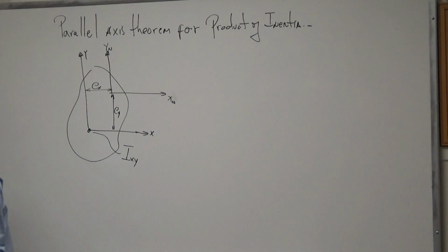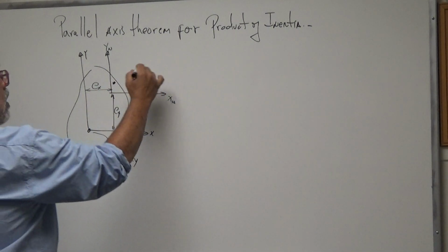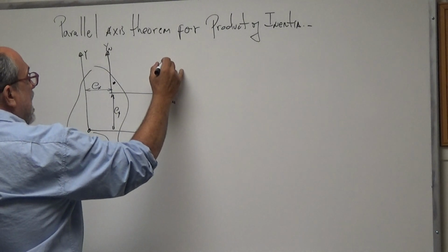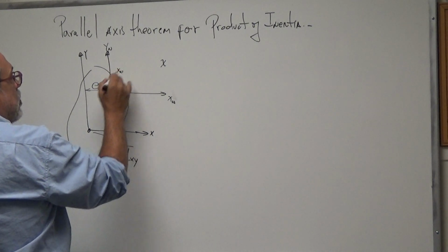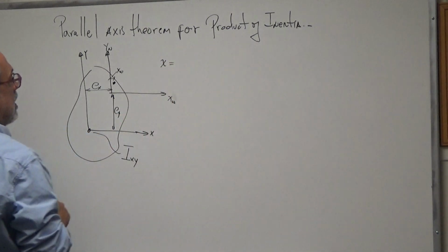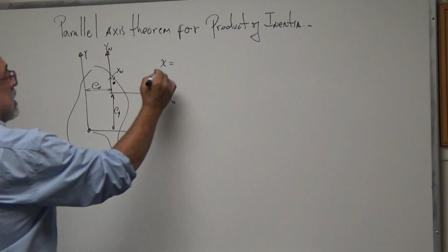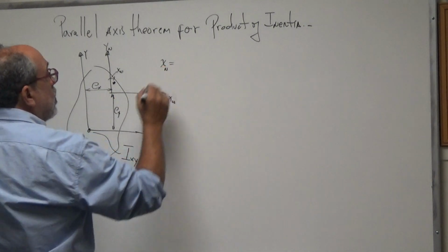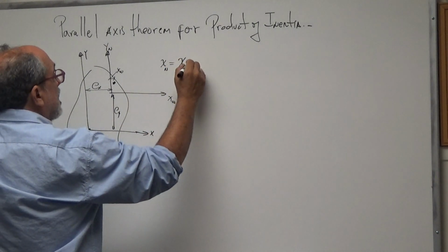So we can say that if we have this point whose coordinates are x and y, you see that distance right there is x nu, right? So I want x nu is equal to x minus ex.